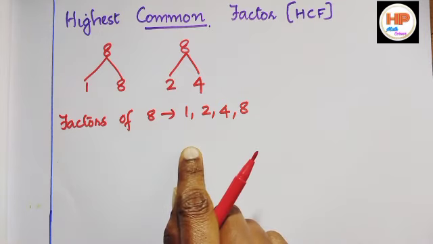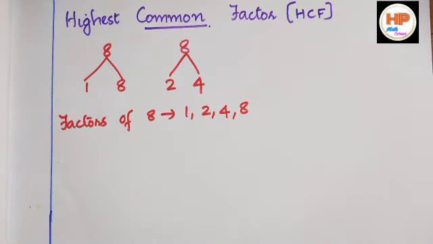Factors means if we divide the given number by another number, then we get the factor. Okay. Then factors of 8. Similarly, when we consider 2 or more numbers, we look for the highest common factor.